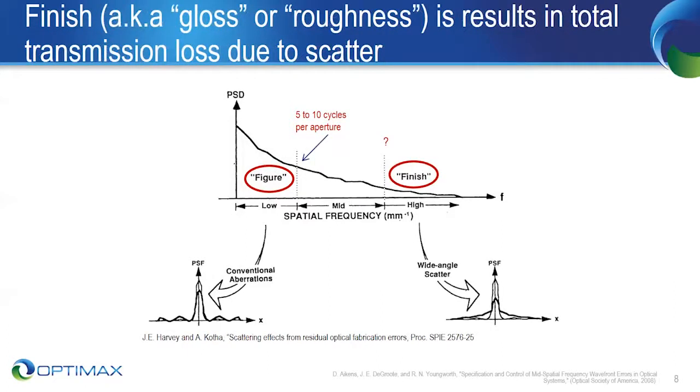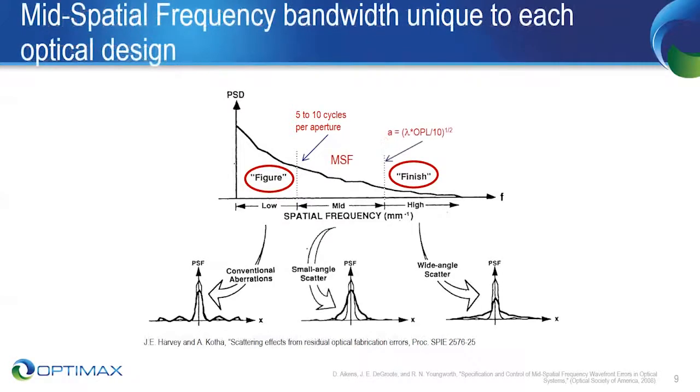Sometimes people refer to this as texture or gloss, roughness, and it results in total transmission loss due to scatter, or wide-angle scatter. This cutoff typically happens as a function of your optical design. So on one side, your cutoff is 5 to 10 cycles per aperture, and on the right here, it's a function of wavelength and your optical path length.